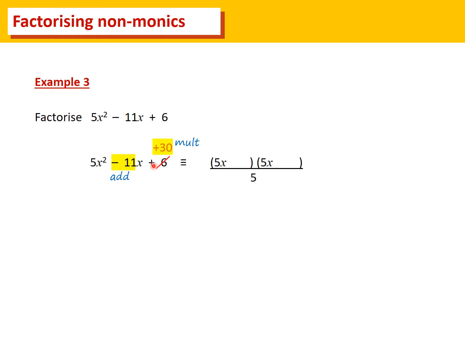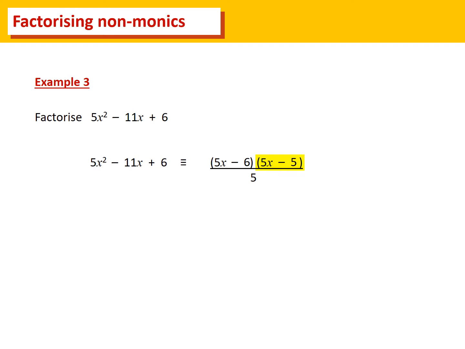They can't be both positive because when I add them together, they've got to give me negative 11. So we're looking for two negative numbers, and when we think about it, negative 6 times negative 5 is positive 30, and negative 6 plus negative 5 is negative 11.